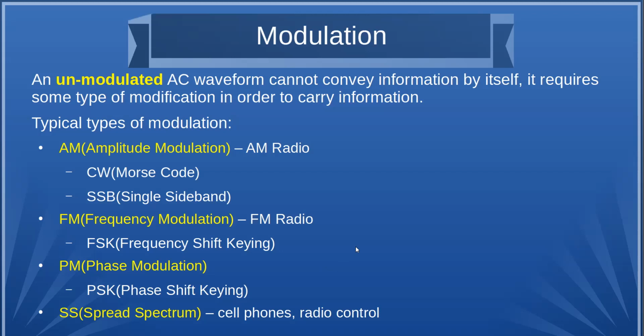It's used for some of the digital modes. The human ear can't tell the difference between phase and frequency. We're not sensitive to phase. And then we have spread spectrum, which is what your cell phone uses, or the modern radio control, because it's very immune to interference from other signals.